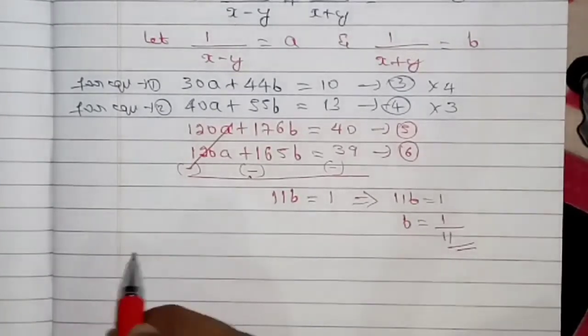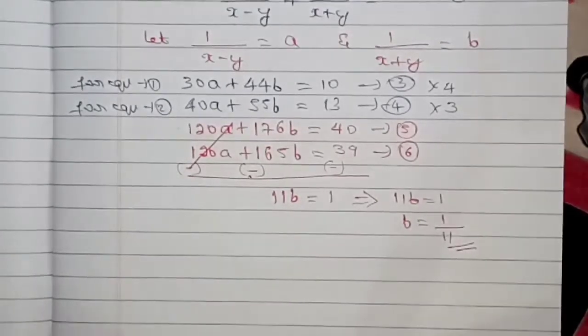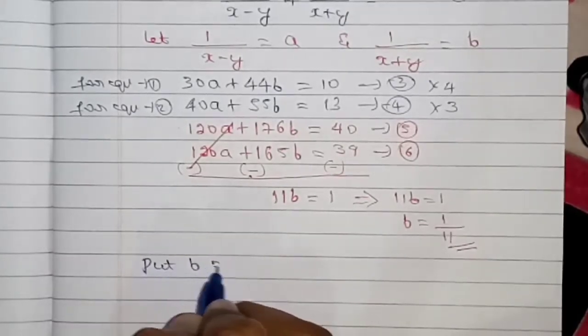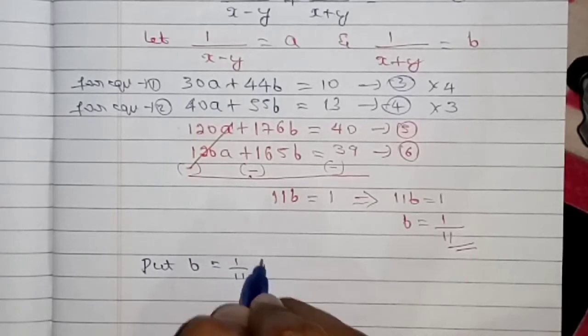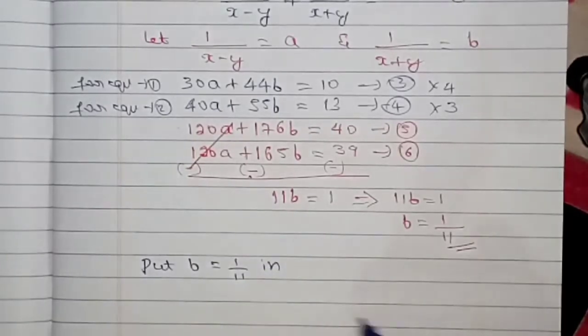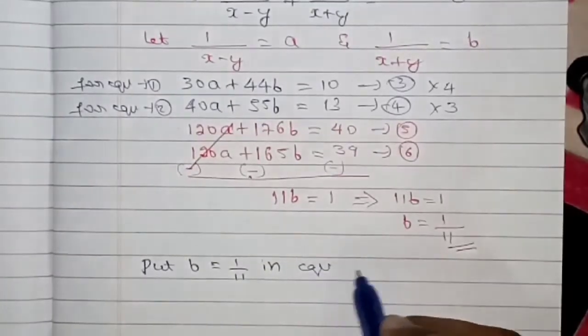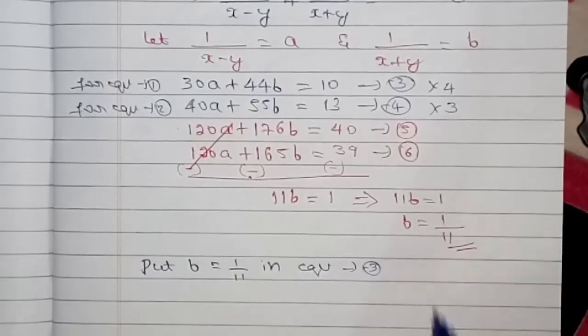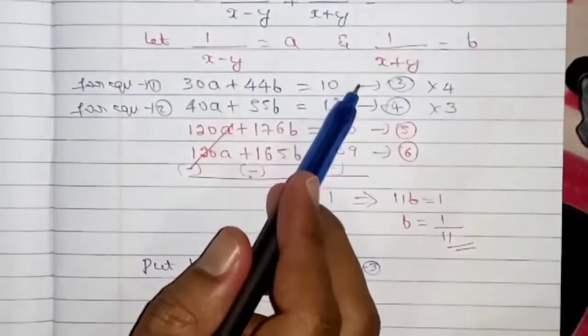Now put b is equal to 1 by 11 in equation 3. Okay, now what is equation number 3 here?